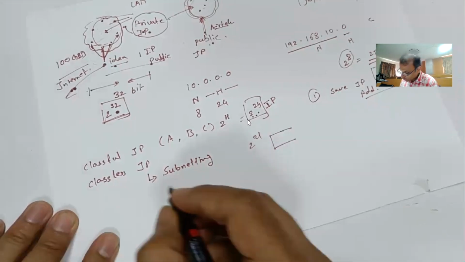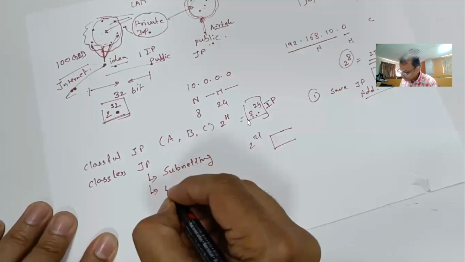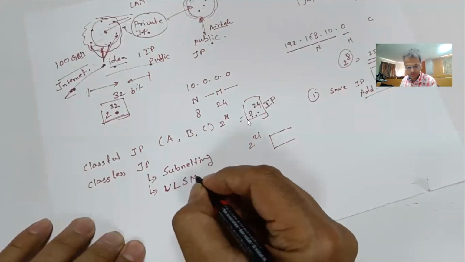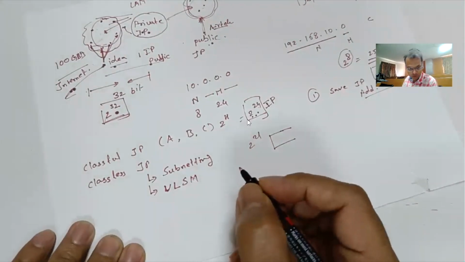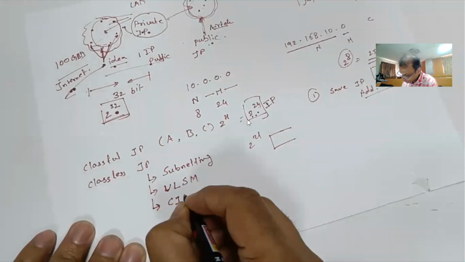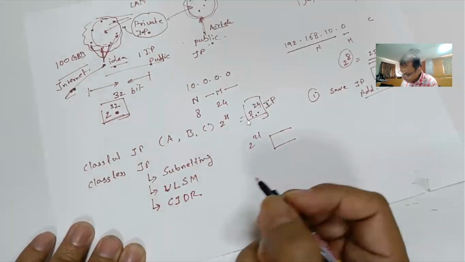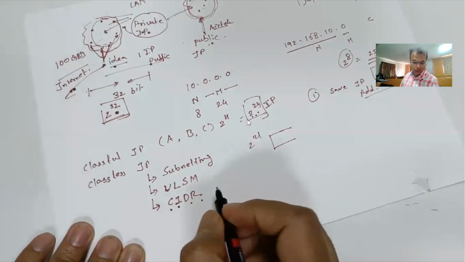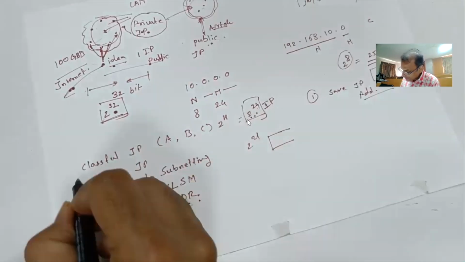It is also called variable length subnet mask, or it is also called CIDR, which is classless inter-domain routing. So all these concepts are the same concept.